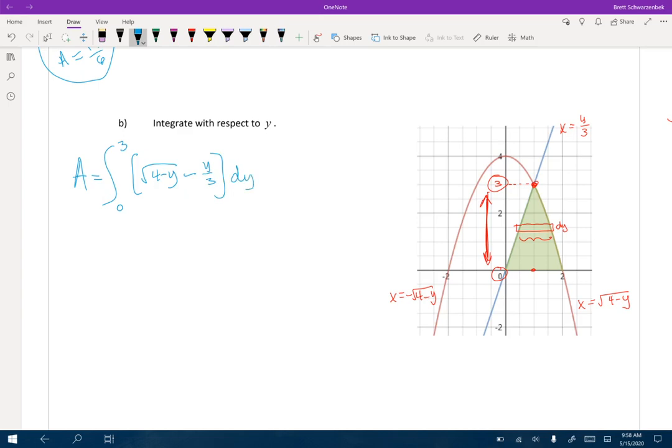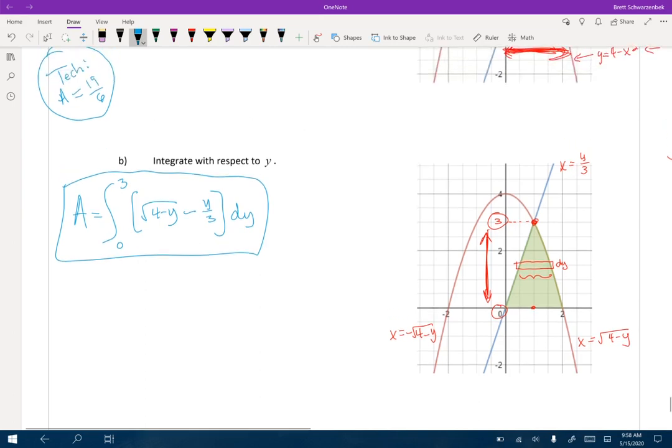And this is it. This is your integral equation that you're going to have to work with. And note, there's a reason why I'm not having you solve these, because they are nasty. Some you might not even be able to do with what you know so far. So worth noting, you put this into technology and you will indeed get an area of 19.6.